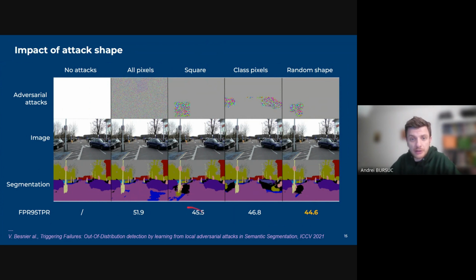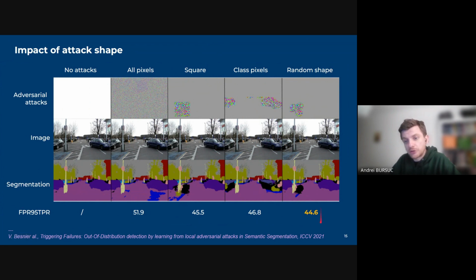Here we see an improvement compared to applying it to all pixels. Then we looked at applying the attack using the segmentation masks and perturbing a certain class. In this case, we perturb just the cars, and we can see that this is a bit worse than the square. On this metric, the lower the better.